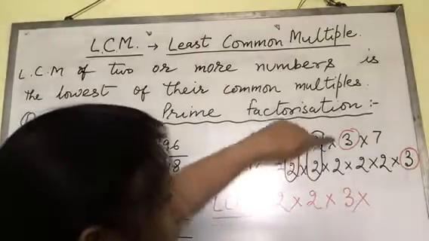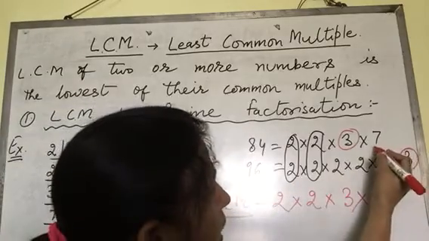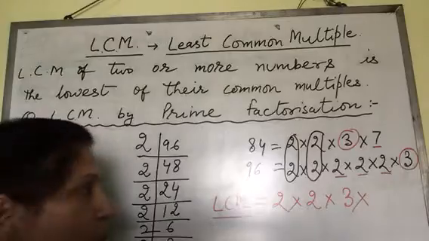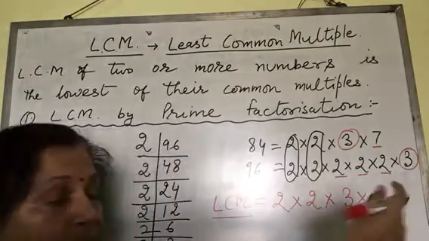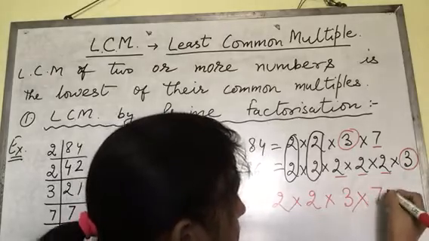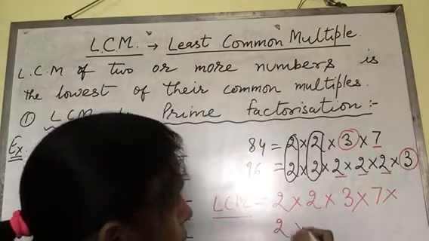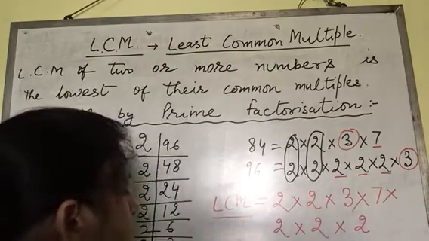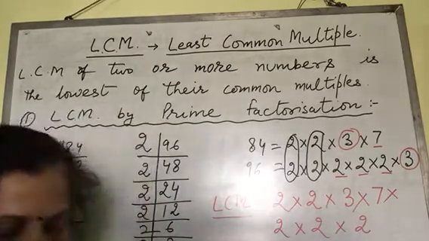So the uncommons are 7, 2, 2 and 2. So these are uncommon. Now I am going to multiply these common with the uncommon. 7, 2, 2 and 2. अब आप इनको multiply करिए.